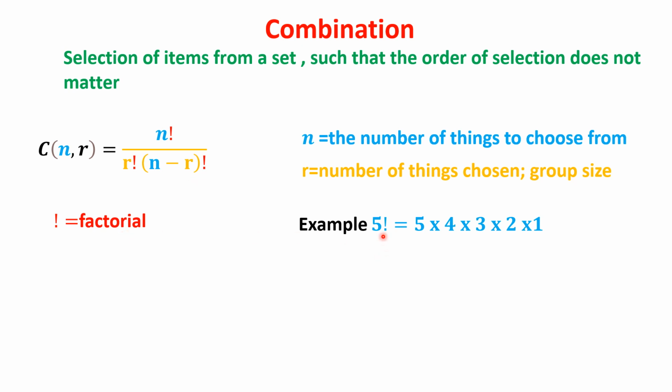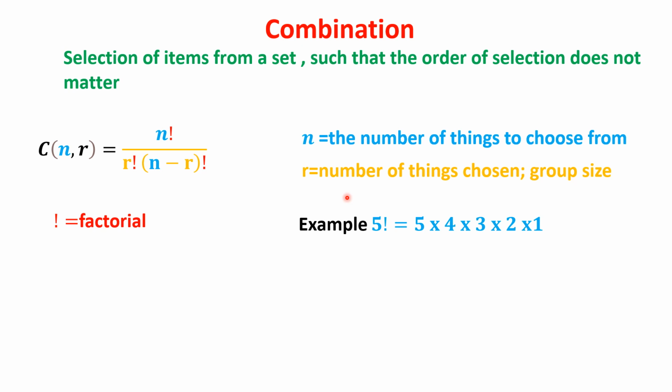For example, you wanted to calculate the factorial 5, that will be 5 into 4 into 3 into 2 into 1. So this is how factorial it will be calculated. So what is a n? That is a tray, number of things to choose from. So in that example, we are having the 10 job. r is the number of things chosen from the group size or from that set. So either you can choose one, two, three, but that cannot be more than n. That cannot be more than 10.